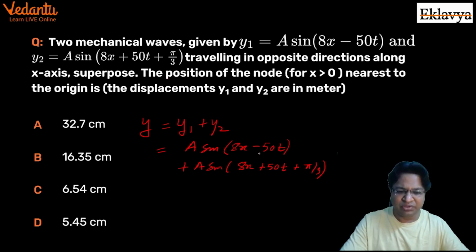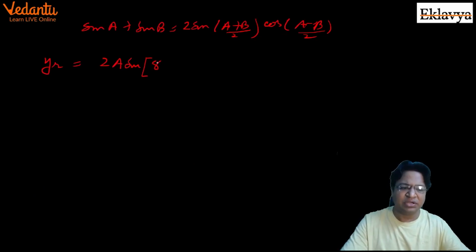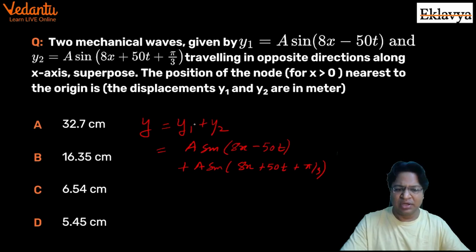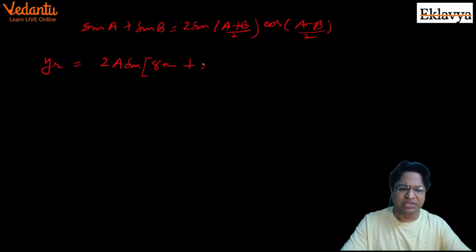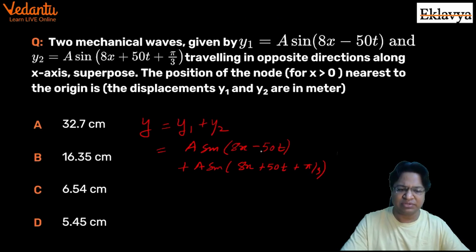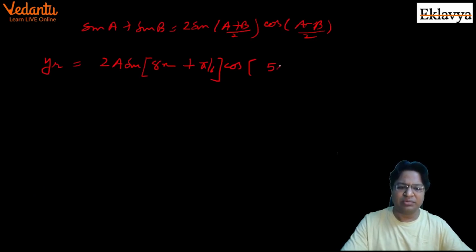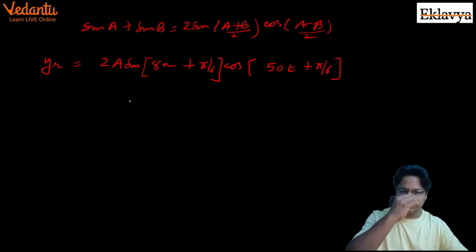When we take the sum, 50t gets cancelled, and divided by 2 gives us 8x plus pi by 6. Then cos and the difference will give us this minus this. So 8x gets cancelled and then by 2, it becomes 50t plus pi by 6. So this is the equation that we get.